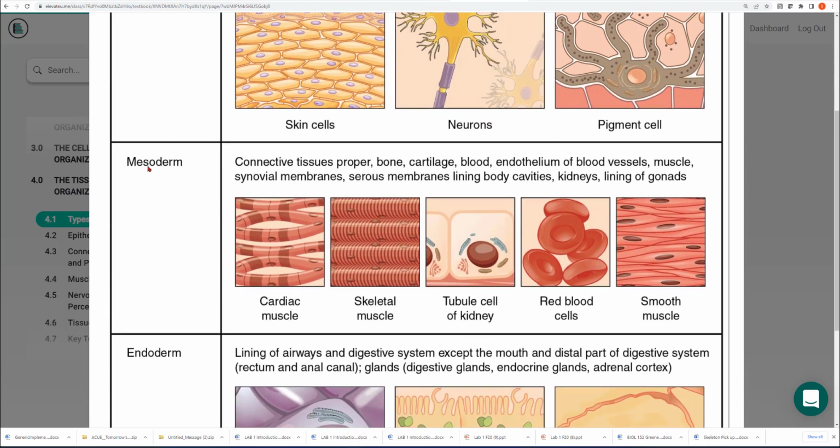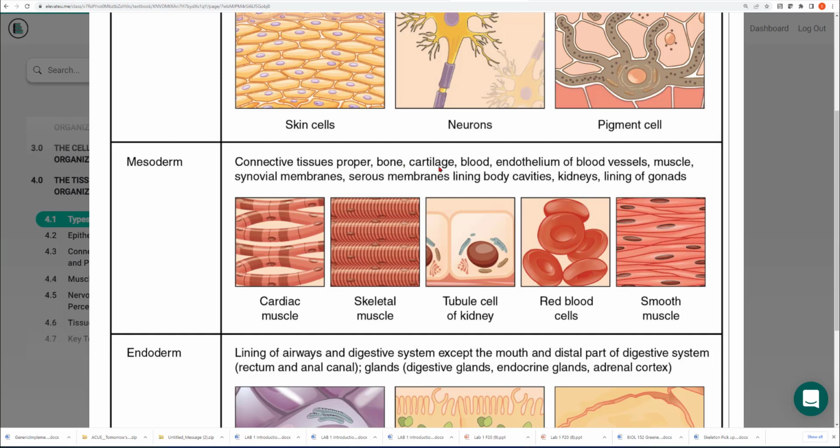The mesoderm, the middle layer, goes on to form a multitude. This is how I remember it. The mesoderm goes on to form a multitude of tissues, all of your connective tissues. All of your connective tissues come from the mesoderm.